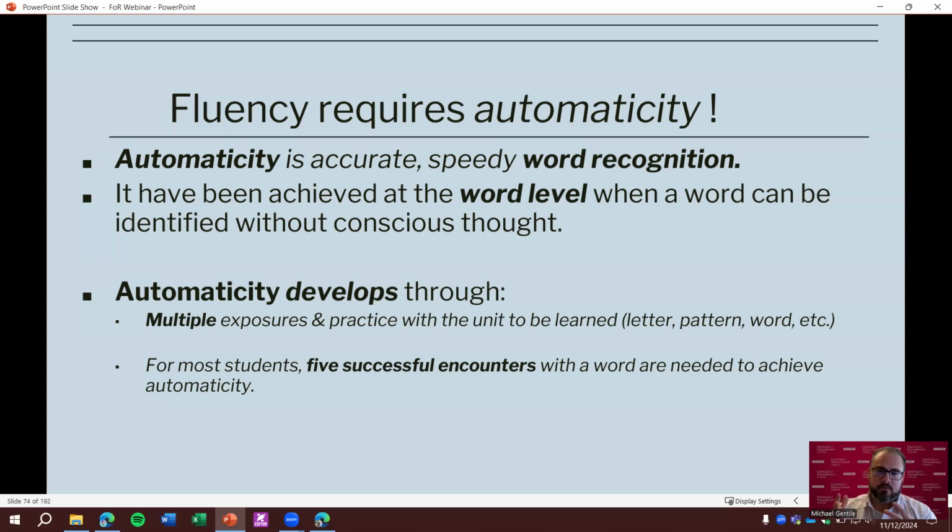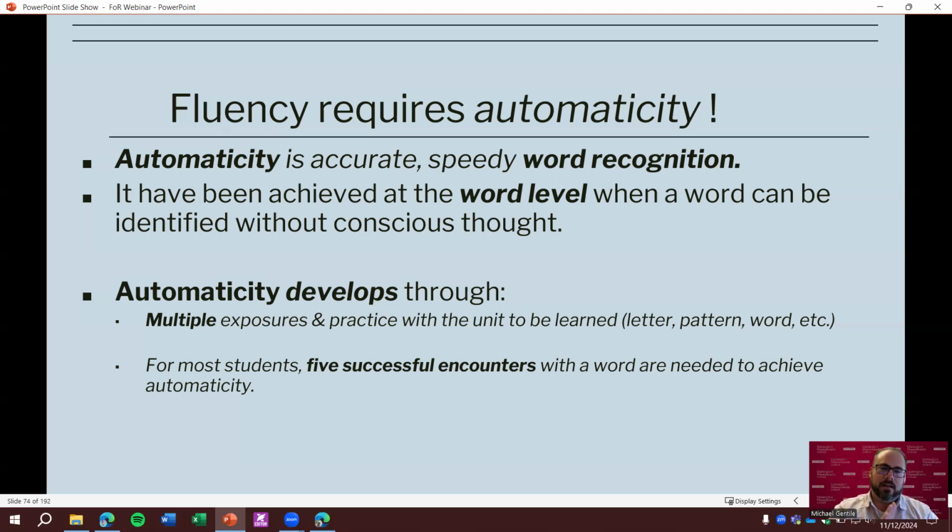To increase rate, we give students multiple opportunities with the text, so that as students become more familiar with the text, they'll have to spend less, we'll say brain power, but really what I'm referring to is cognitive load. They have to spend less energy focusing on the text, and they get to spend more energy on keeping their pace and their processing.